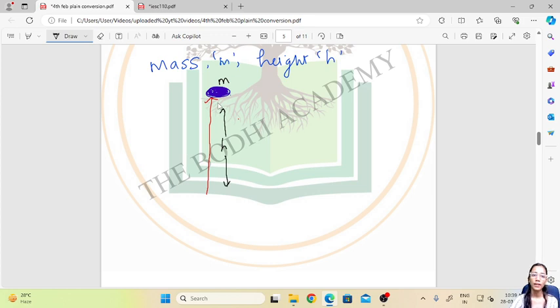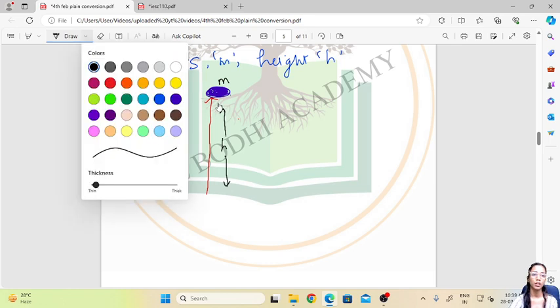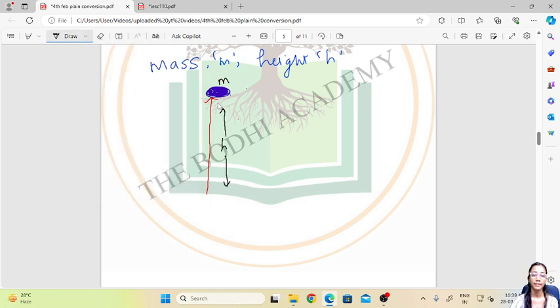Now when it is on the top, we know that the energy of that particular object at that position will be potential energy, which is equal to mgh, right? And what will be the kinetic energy over there? The kinetic energy will be 0. So this is the first case.